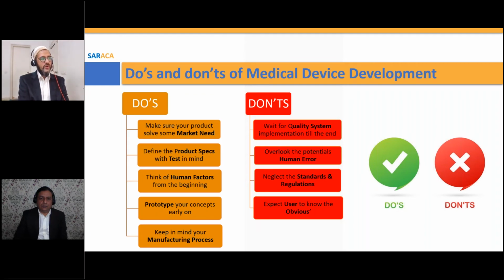Let's see. Don't expect the user to know the obvious. For example, when designers are designing a product, they already know how it's going to perform, or how it's going to operate. But from the user's perspective, your user base is a varied user base. You'll have users from various different demographics, different age groups.